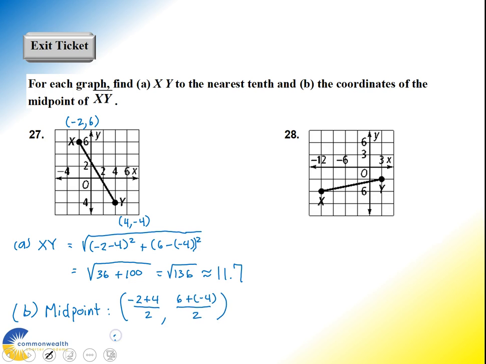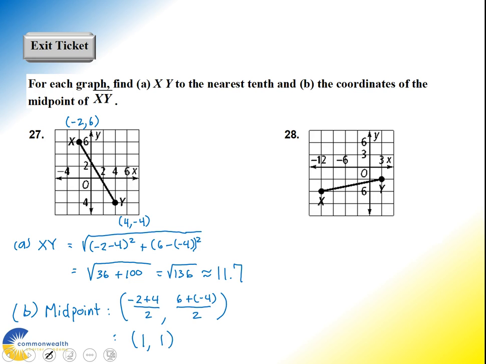When I apply those, -2 plus 4 is 2, over 2 is 1. And 6 plus -4 is 2, over 2 is 1 again. So the midpoint for xy in the first question on your exit ticket was 1, 1.